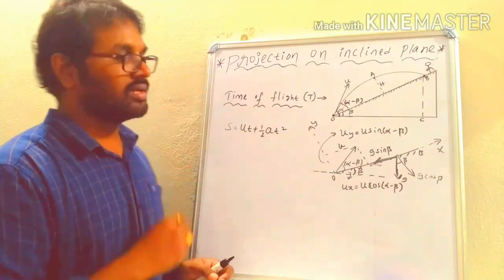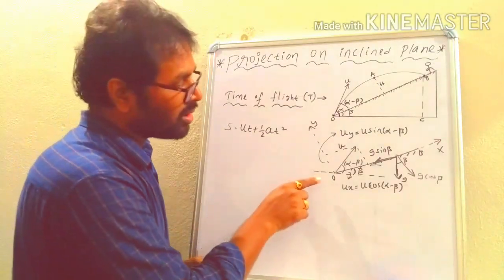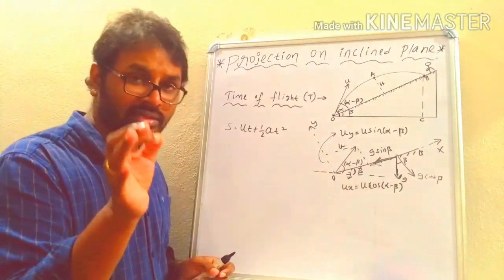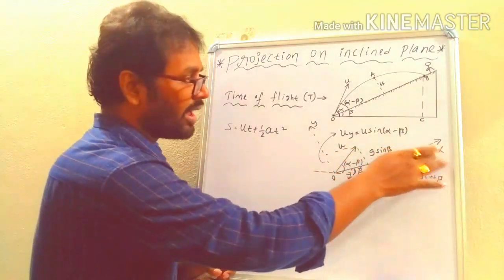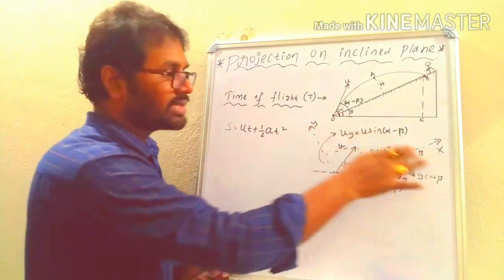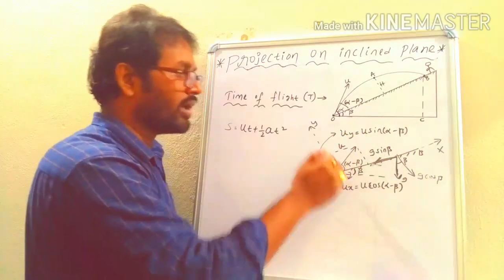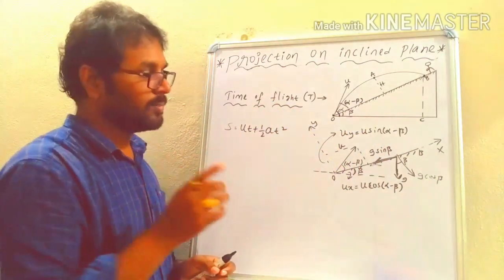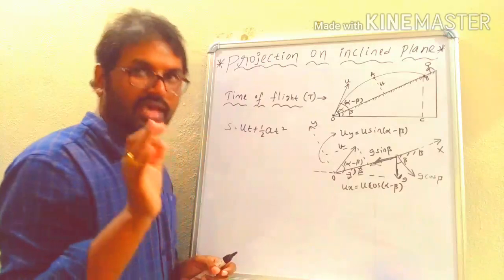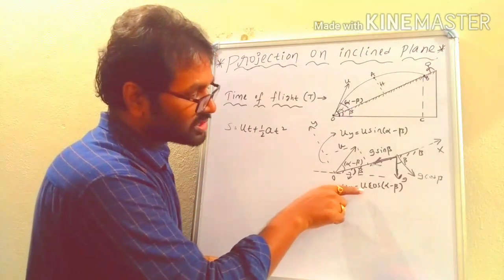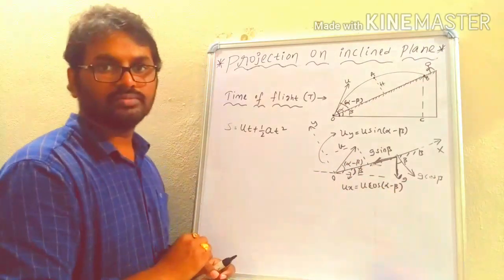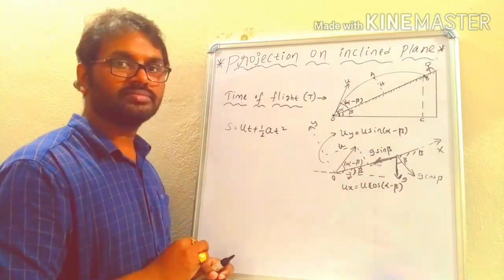And very interestingly, you can see along the horizontal direction, horizontal in the sense along the inclined plane, because we defined the x and y axes: the x-axis is along the plane and the y-axis perpendicular to it. So along the x-axis, or along the inclined plane, the initial velocity is u cos(alpha minus beta). Is it constant here?